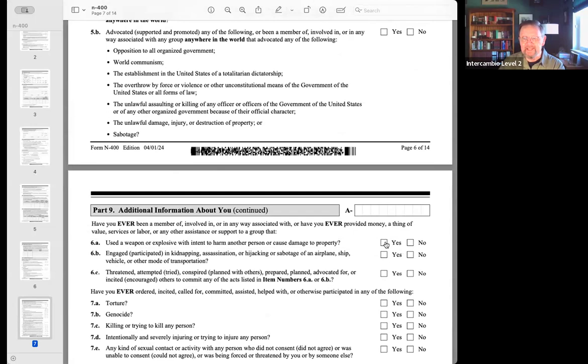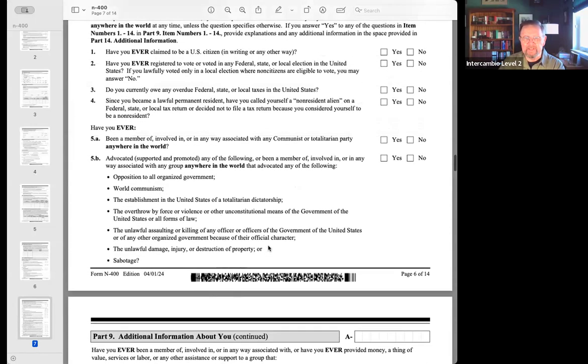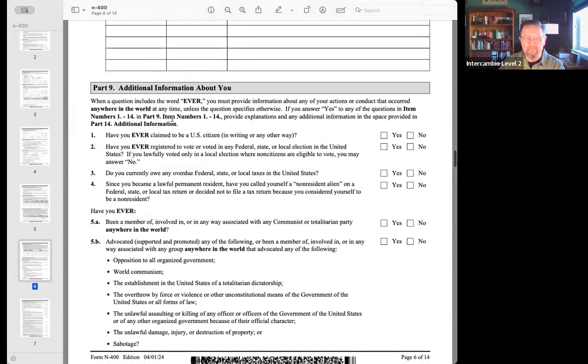If you should answer yes, what you need to do is provide a written explanation in part 14. And you're going to reference the page number, the part, and the item number, the question number, and explain why you're answering yes. There may be a very good reason why you answered yes. For example, maybe you were asked a question about using firearms or something.